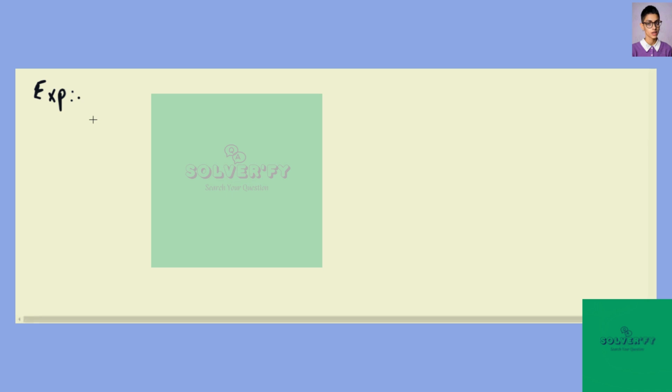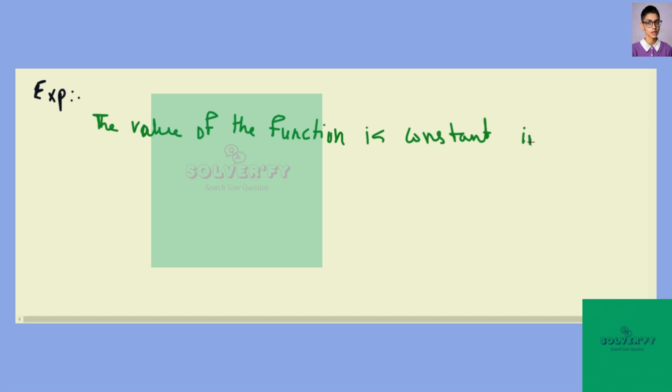So we know that the value of the function is constant in the level curve.